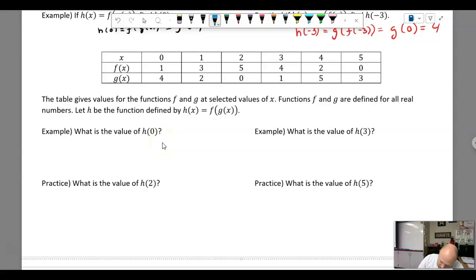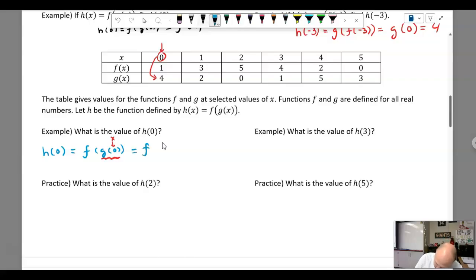I'm doing the same thing. h of 0 is going to be equal to f of g of 0. First I need to find g of 0. Remember, this 0 is an x value, so I'm right here, and I want the output of g, which returns 4. So this is now f of 4.